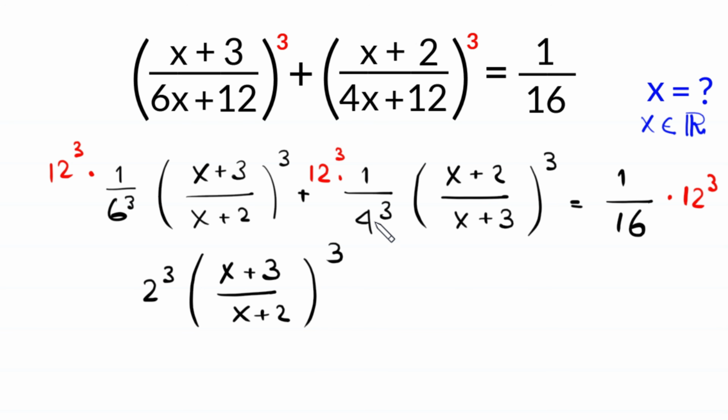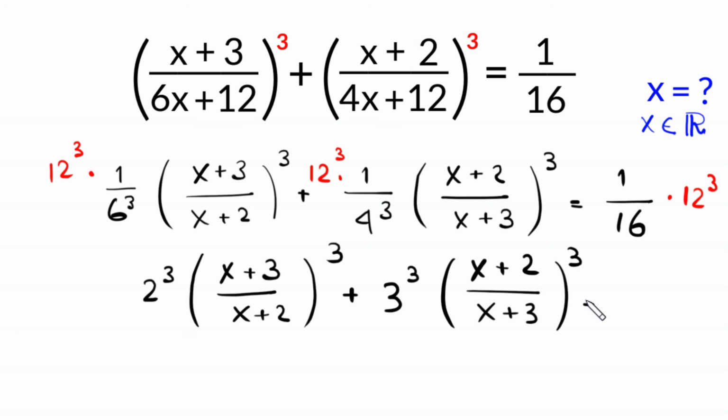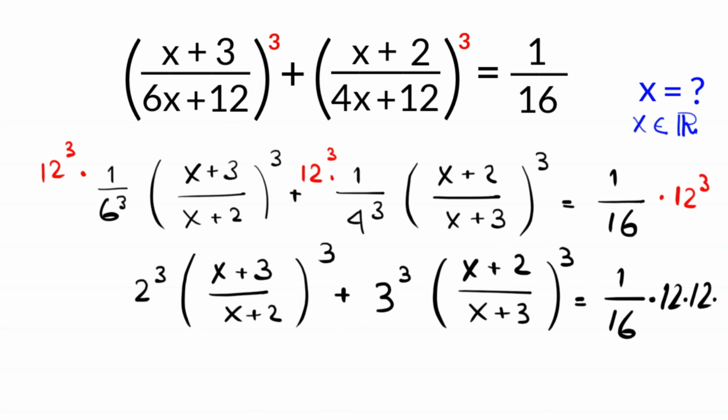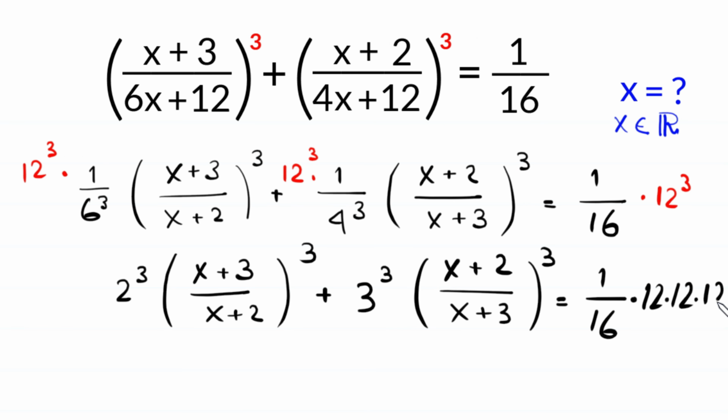This 12 cubed over 4 cubed will become 3 cubed times ((x+2)/(x+3)) whole cubed, equal to 1/16 times 12 cubed, which is the same as 12 times 12 times 12.